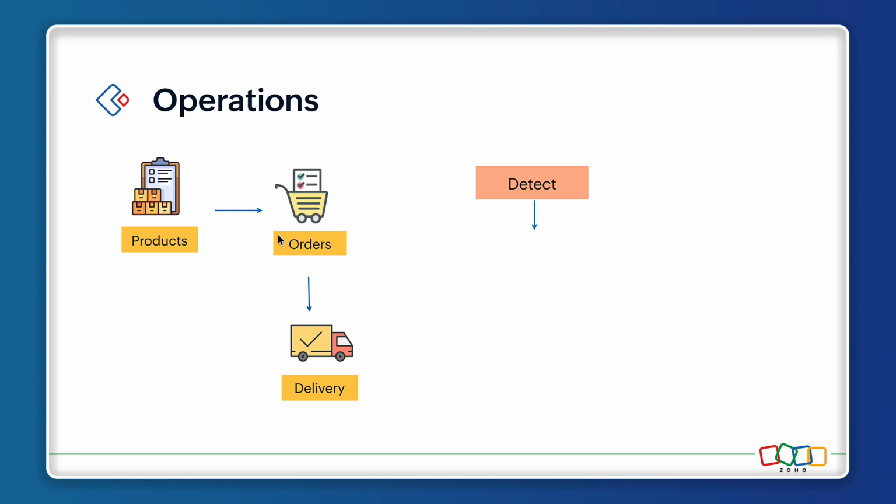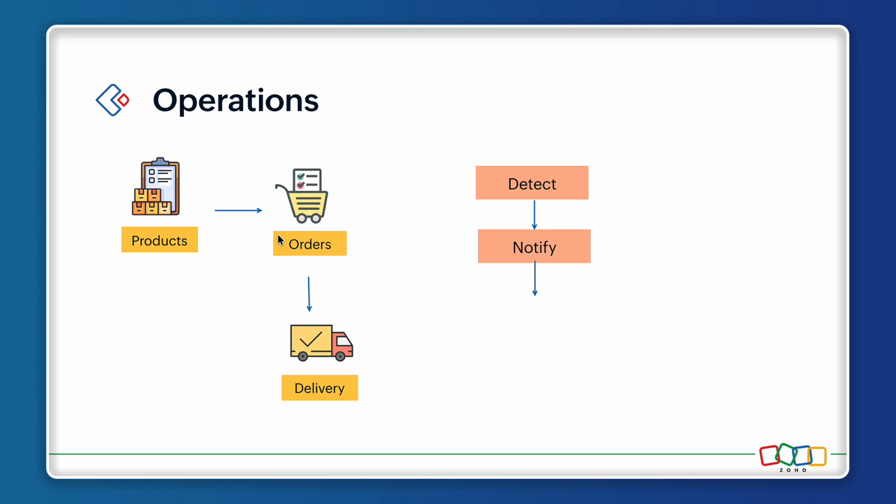We have to detect where the exception is and what the exception is, whether it is in the order module or the delivery module, and what type of exception it is. All those things have to be detected as the first step.